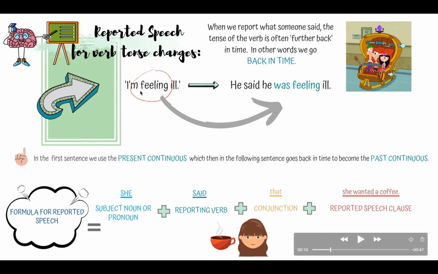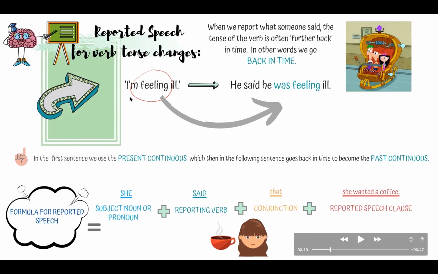So, "I'm feeling ill." I am feeling ill, which is the present continuous, which then goes back in time to be the past continuous. So, he said he was feeling ill.